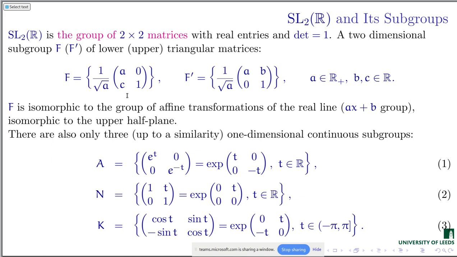Again, by matrix multiplication, if you multiply two upper triangular matrices, you will get again an upper triangular matrix. This is one subgroup. It will not be so central to our study, but we are more interested in three cases, again three cases of one-dimensional subgroups.